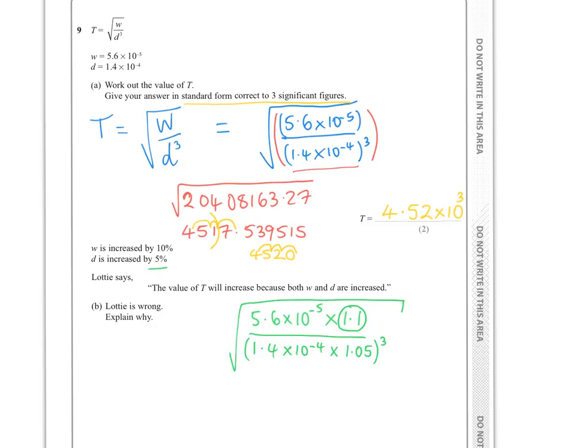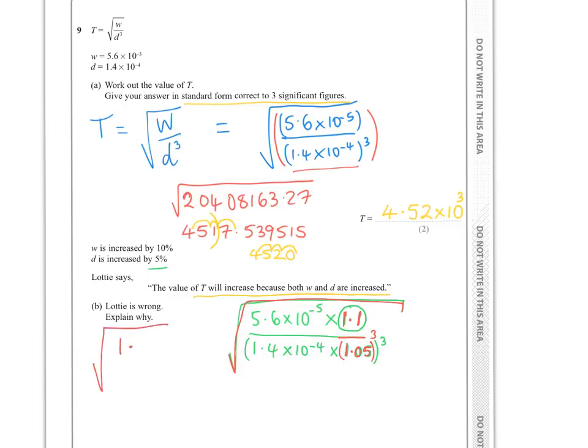So Lottie says the value of t will increase because both W and D are increased. Lottie is wrong, and explain why. Well, all we have to do is extract 1.1 divided by 1.05 cubed, and then don't forget we've got to square root that, and that will be the factor that it's either increased or decreased by.